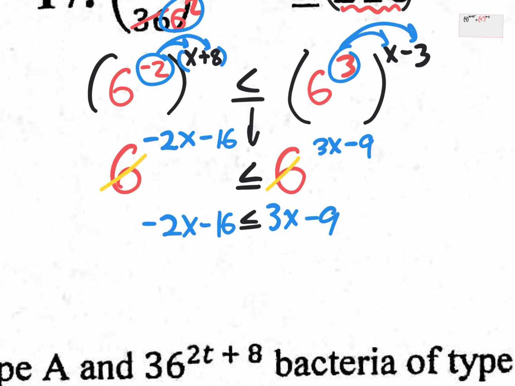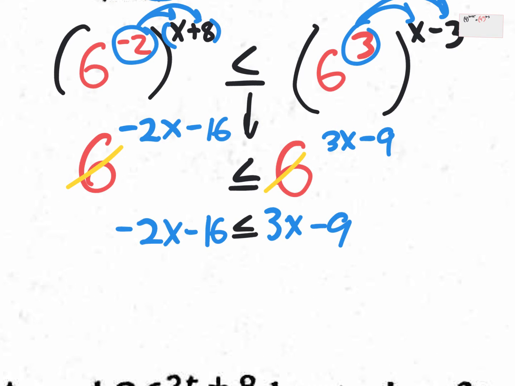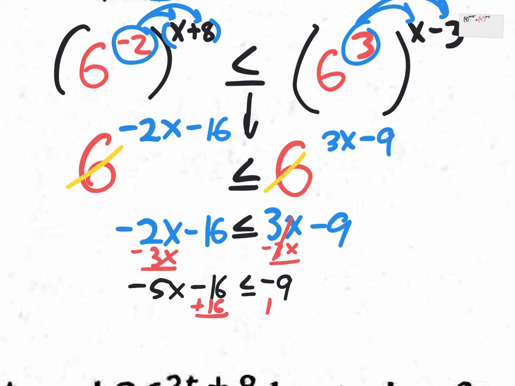All we have to do is get the x's to one side: subtract 3x, subtract 3x. We will have negative 5x minus 16 is less than or equal to negative 9. Add 16, add 16. You will have negative 5x is less than or equal to, what is that, 7?